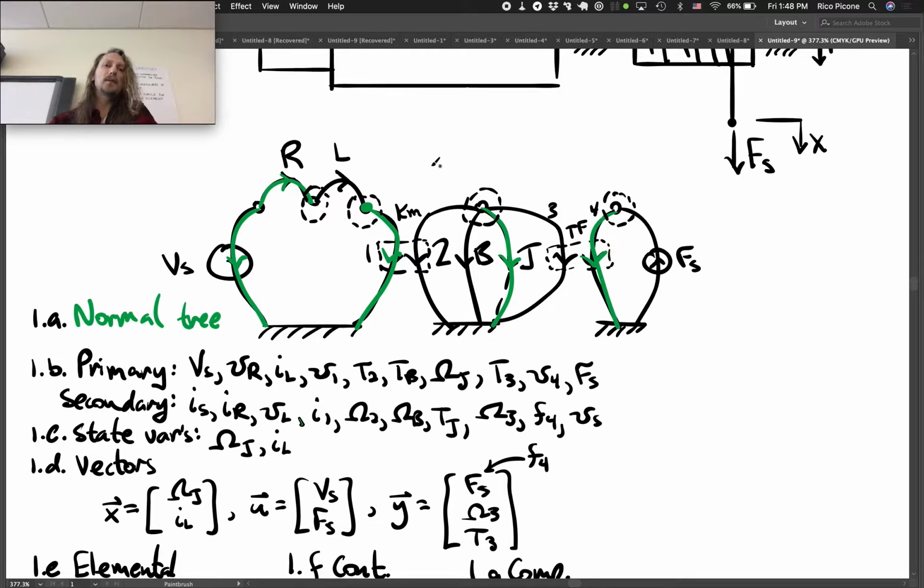What happens sometimes is that your linear graph or your normal tree has got, say, 2 branches here, and then it's got a link here. And you need to write the continuity equation for this branch. So you can't do this contour because it would intersect another branch.